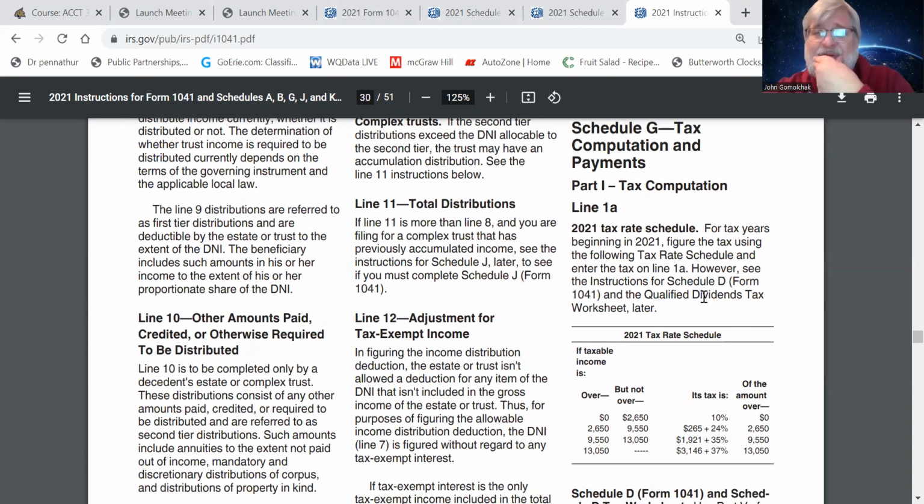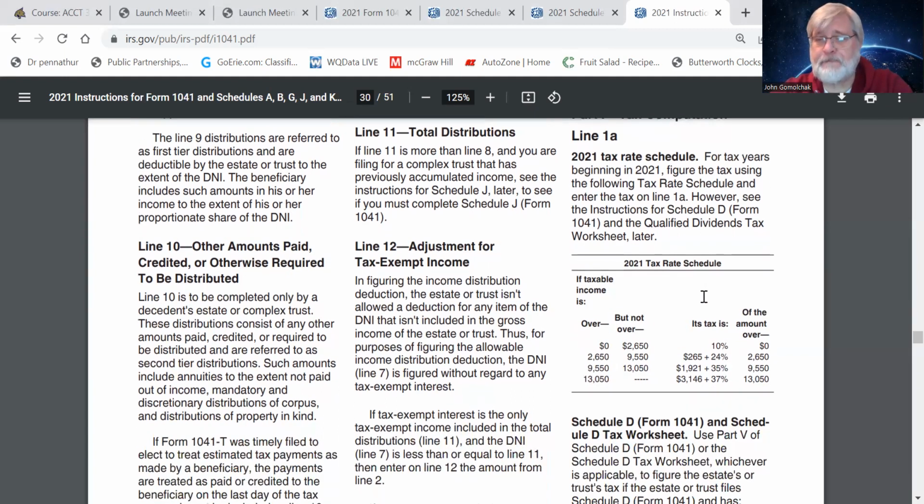All right. For tax years beginning in 2021, figure the tax using the following tax rate schedule and enter the tax on line 1A. However, see the instructions for Schedule D, Form 1041, and the qualified dividends tax worksheet later. Okay, so this is that tax rate schedule that we had talked about on Tuesday.